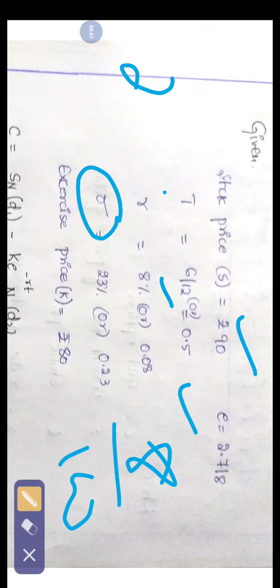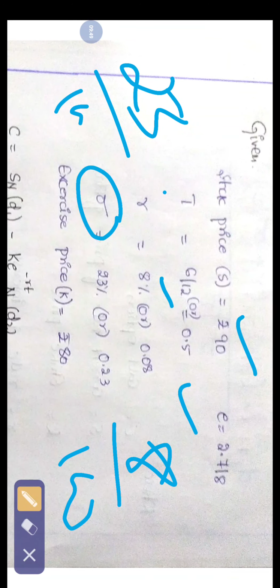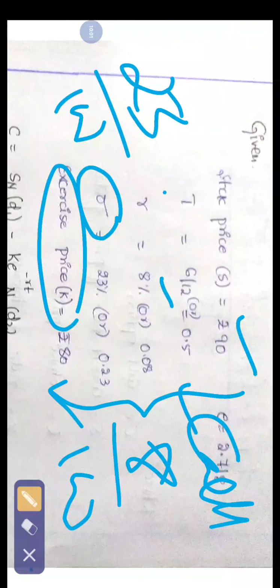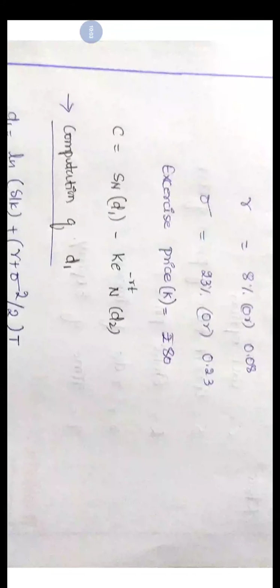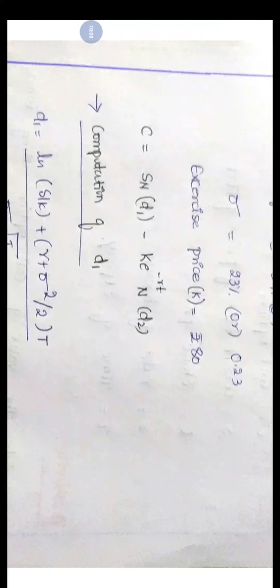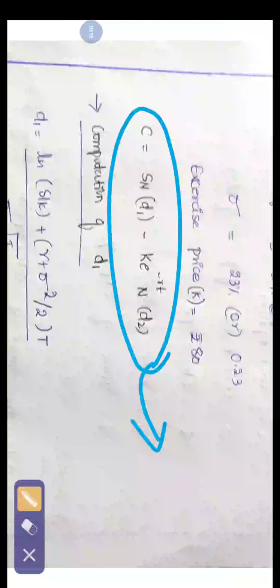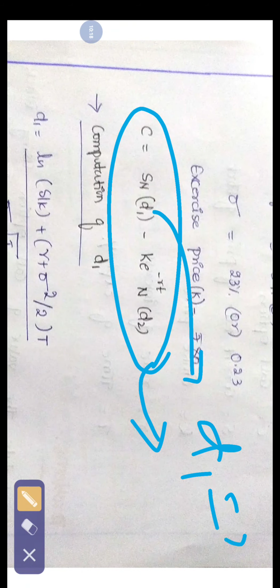Standard deviation is 23%, so 23 by 100, it will be 0.23. And the exercise price K is 80 rupees. So call option equals S N(d1) minus K e to the power minus rT N(d2). First of all, for solving this equation, we need to solve d1 and d2.